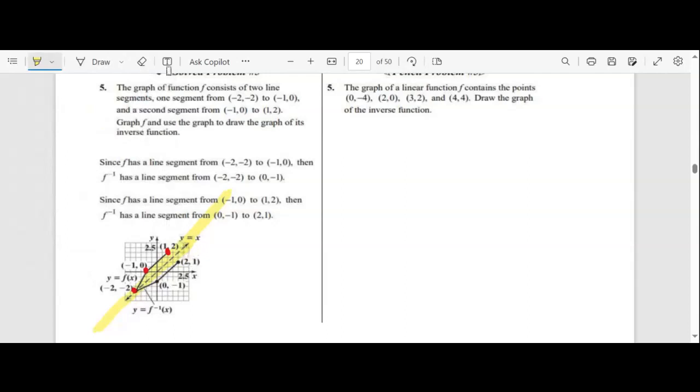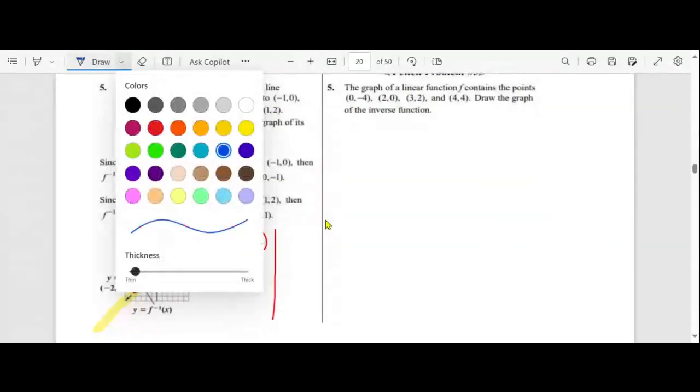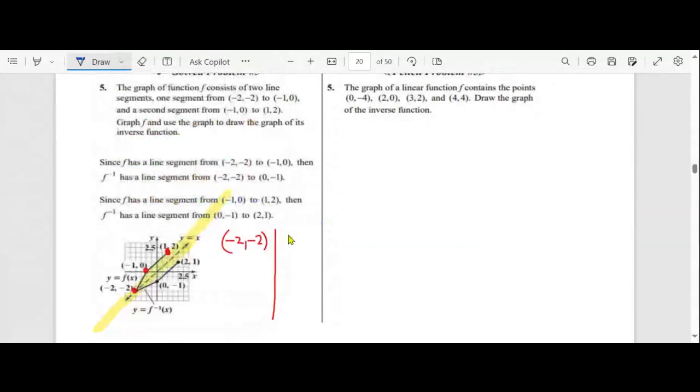And then, what are the points? We said, what are the points? -2, -2, correct? Okay, so the opposite of -2 and -2, what? +2 +2. No, -2 and -2 means this is x and this is y.